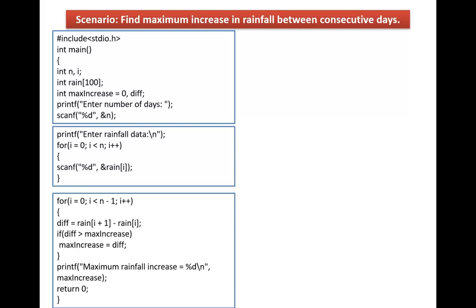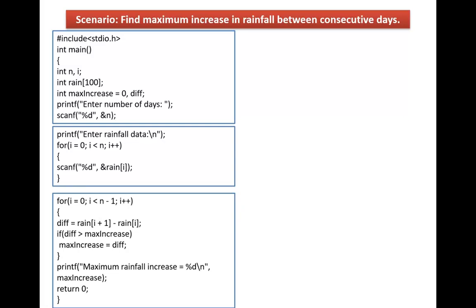What is i now? i is 0. rain of i plus 1 means rain of 0 plus 1, which is rain of 1 minus rain of 0. So the second data is subtracted from the first data. So that is the difference. So the difference is calculated between two consecutive rainfall data. That is the meaning of this statement.